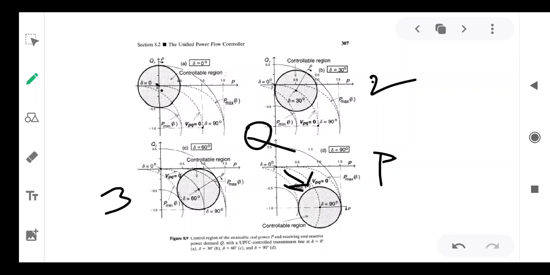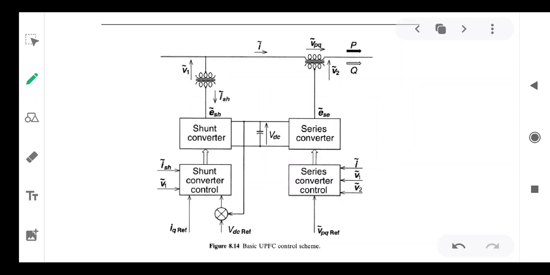By changing sigma, you can change delta to various values: delta equal to 30, 60 and 90 respectively. So this control can be provided with the most effective control of various parameters of the device UPFC. How it is possible, we will see now.